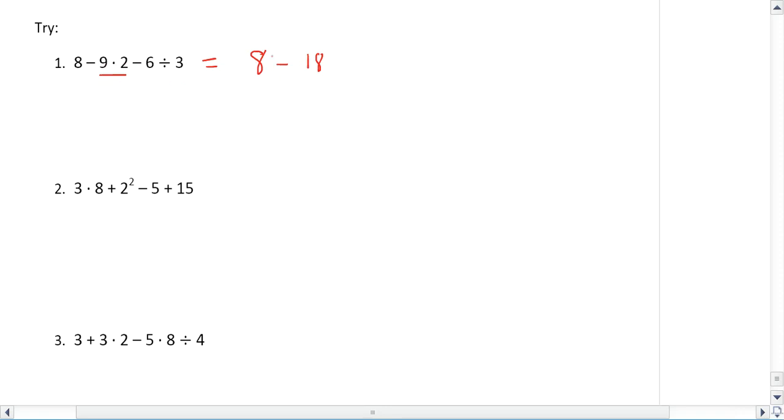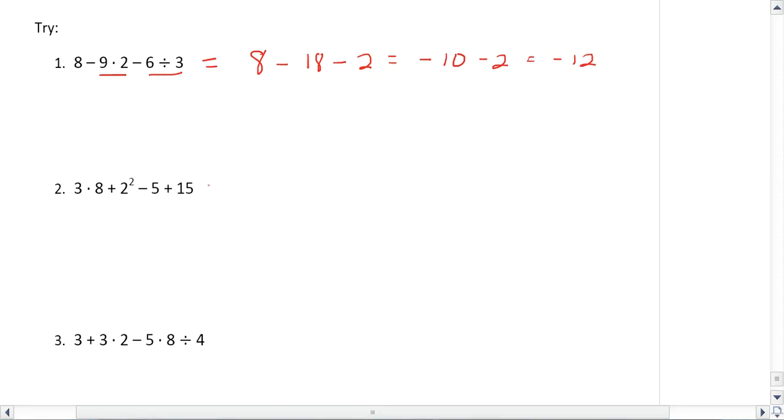We keep that subtract sign, and 6 divided by 3, we're going to also do that operation. And then the last thing we do is this subtraction in the order that we come from left to right. So 8 minus 18 is negative 10, and negative 10 minus 2 is negative 12.